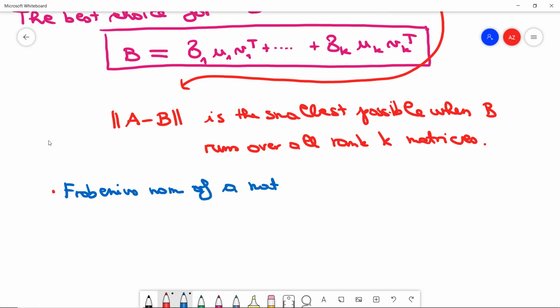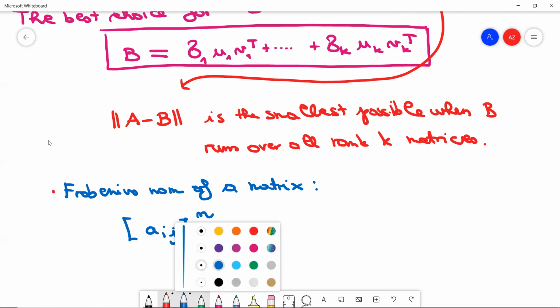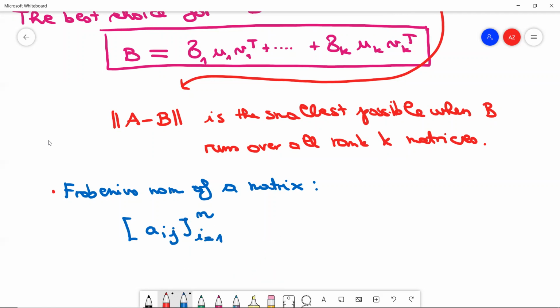It's a direct generalization of the Euclidean norm of vectors. So we have a matrix Aij, where i runs from 1 to n, and j runs from 1 to m.